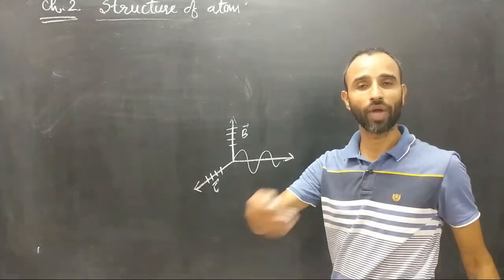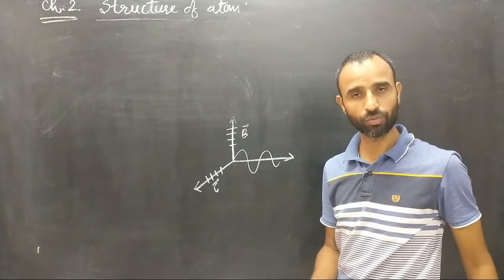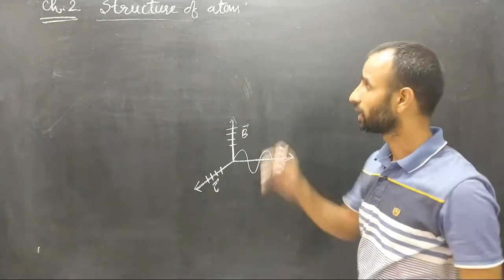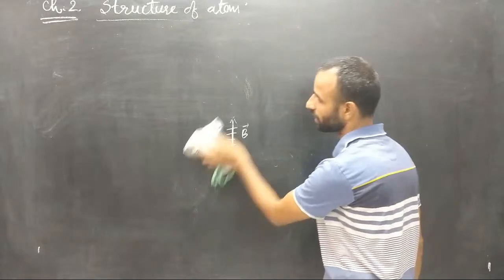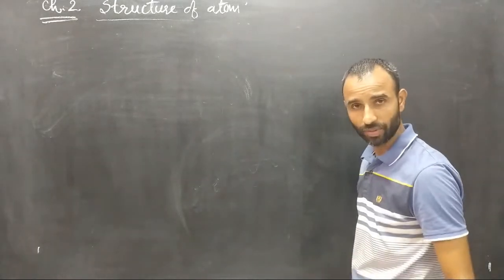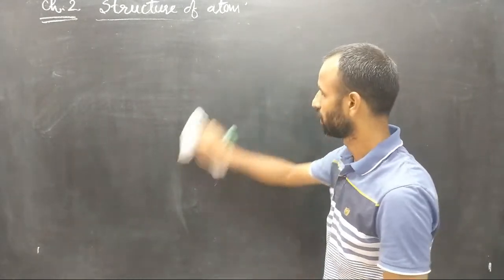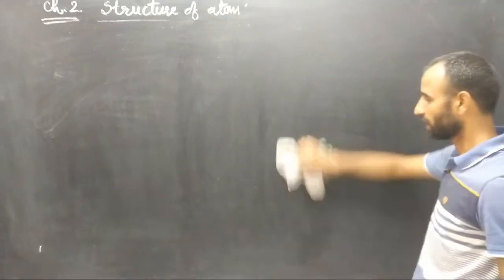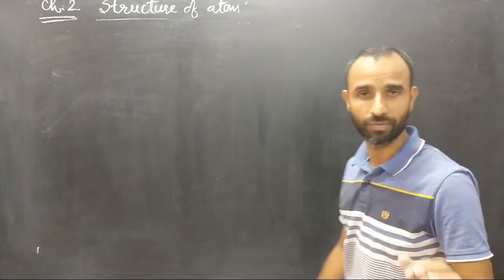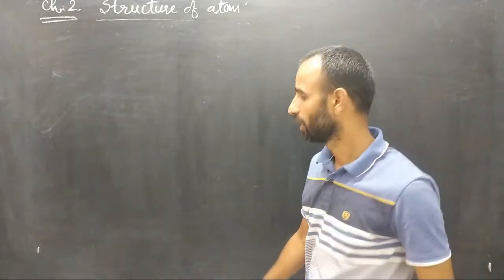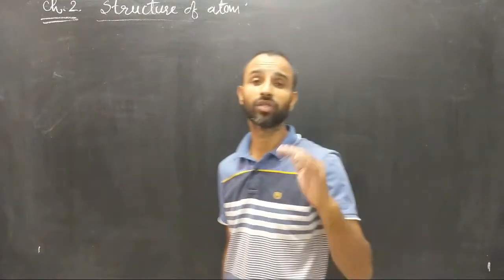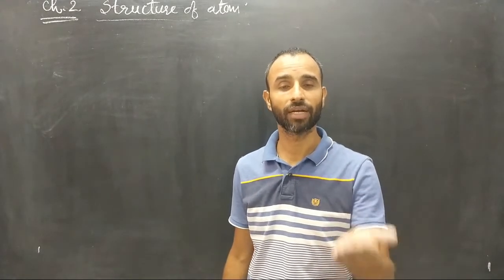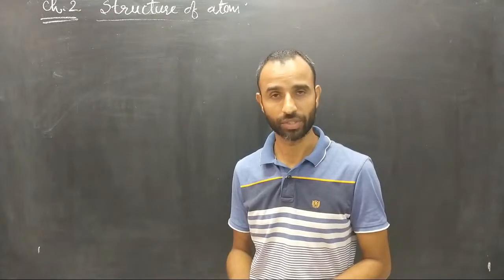Sound wave and most other waves need a medium to travel, but electromagnetic waves can travel in vacuum, and in vacuum the speed of light is the speed of electromagnetic radiation, that is fixed. Okay, and they are not deflected by electric and magnetic fields.